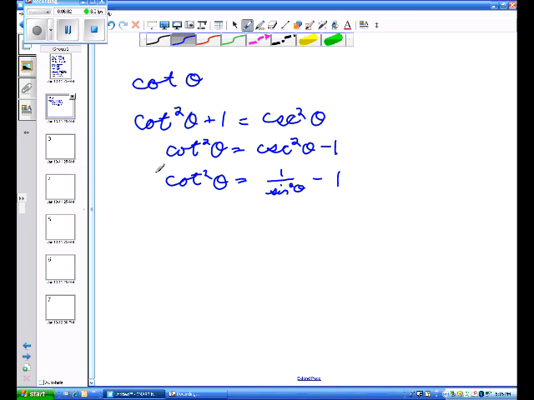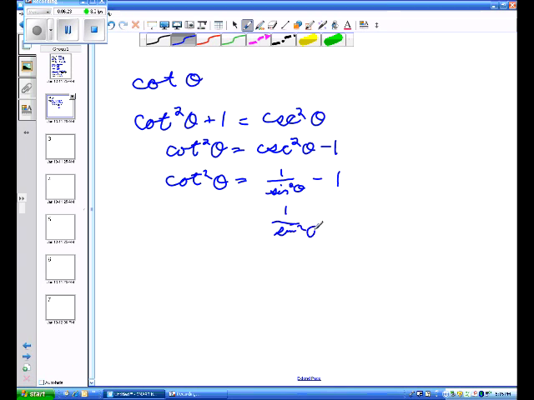Well, here we're going to have to do some computation or some operations, and we'll do a little bit more of this in just a little bit. But anytime you're trying to add or subtract fractions, you need a common denominator. For these, our common denominator would be sine squared.